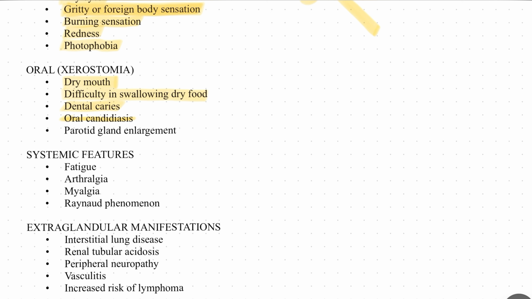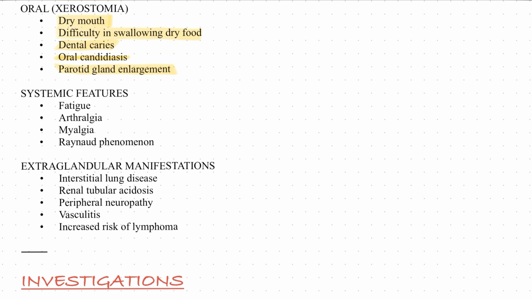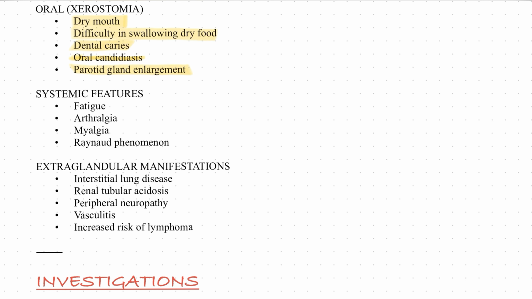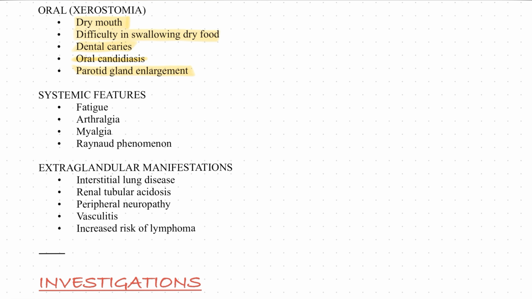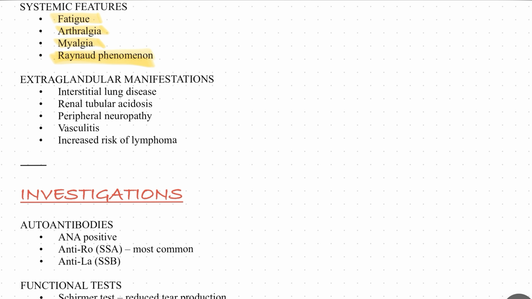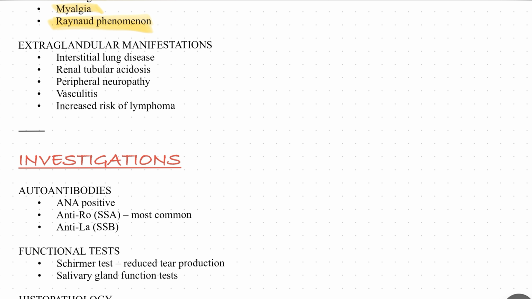But if there is no secretion, you will feel papillae like nodules under the upper palpebral conjunctiva. This is why it is felt as gritty or a foreign body sensation. Then burning sensation will be seen due to dryness. And dryness or burning leads to redness, and photophobia is a complication.